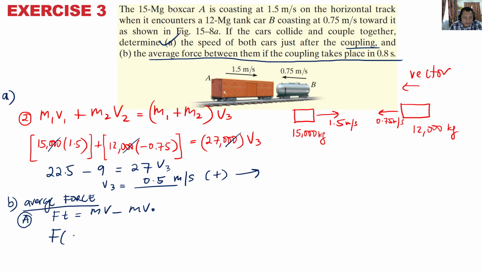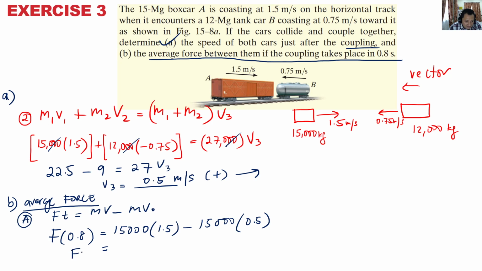T is 0.8 second. Don't analyze both. The mass is 15,000, original velocity 1.5, final mass is still 15,000, final velocity becomes 0.5.